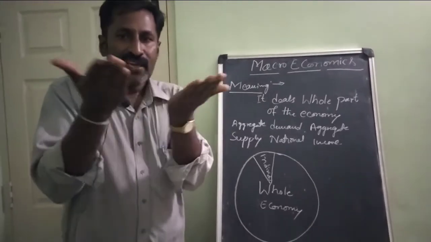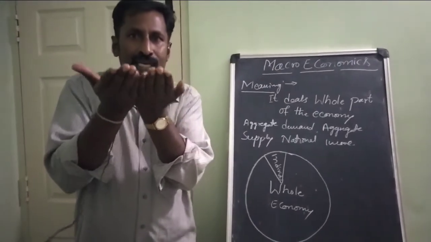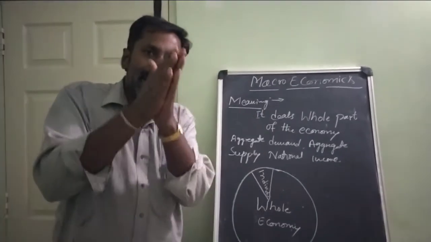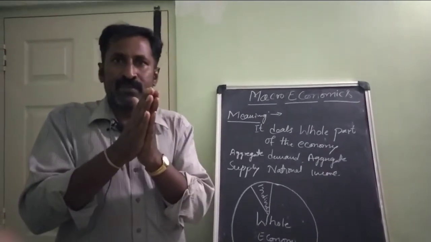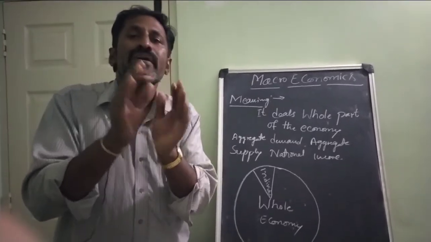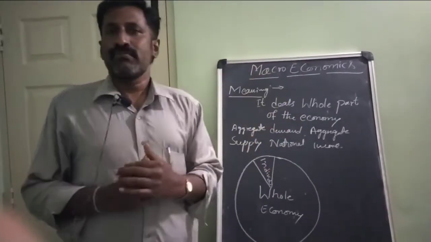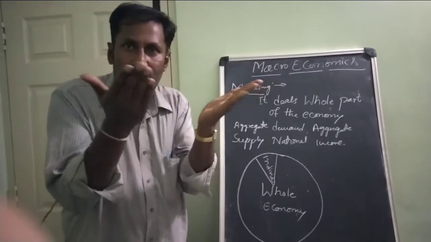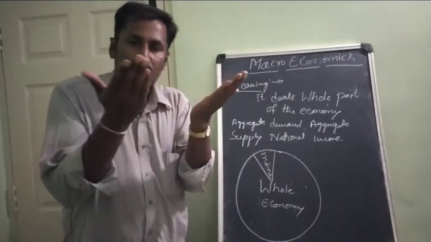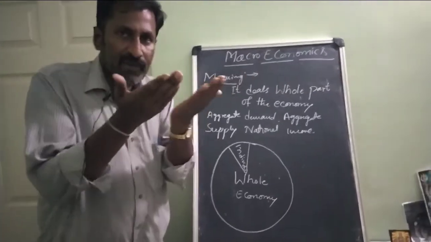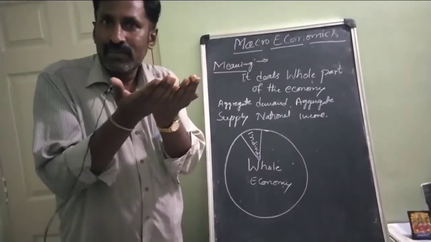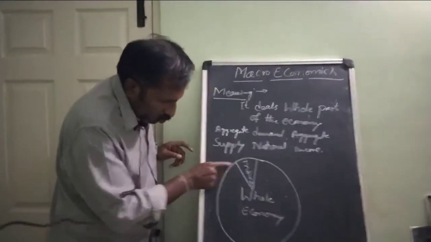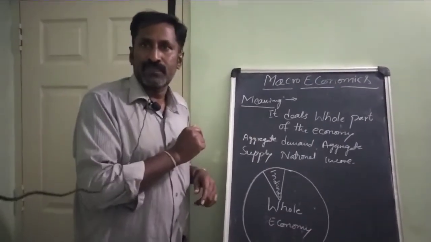We calculate the agriculture, industry and service sector income and production in a particular period of time, and that is called national income. At a time we consider the total. So we add one by one the commodities, quantities, incomes and expenditures. That is called the whole part of the economy.